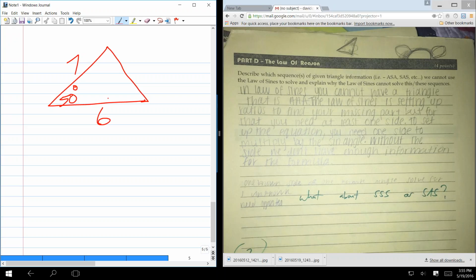So these are the only two situations, side, side, side, and side angle side, where you cannot begin the problem using the law of sines, and you have to solve both of those by using the law of cosines to start. Now, for every triangle where you would use the law of cosines, you end up using the law of sines as step 2. But you have to use the law of cosines in step 1. Okay?